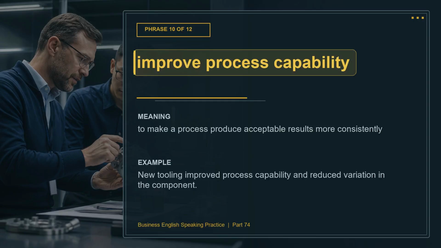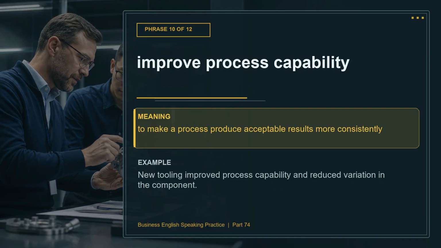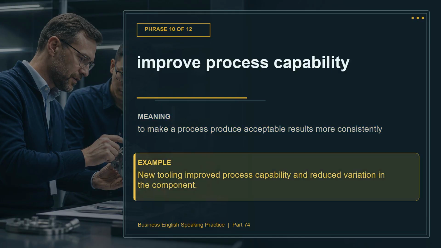Phrase 10. Improve process capability. Improve process capability. Meaning, to make a process produce acceptable results more consistently. Example, new tooling improved process capability and reduced variation in the component.